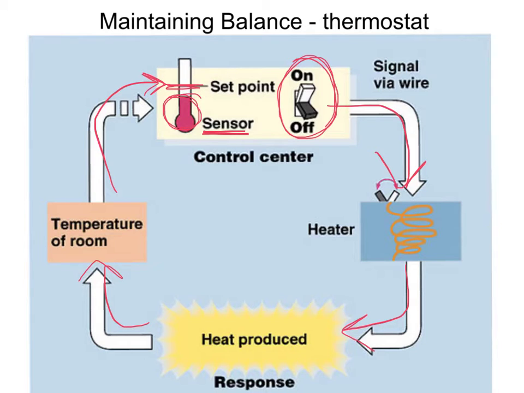And then, of course, you could imagine that if the temperature were to go above the set point, then perhaps we can turn on other processes, like maybe turn on an AC, and that will keep the temperature at the set point.